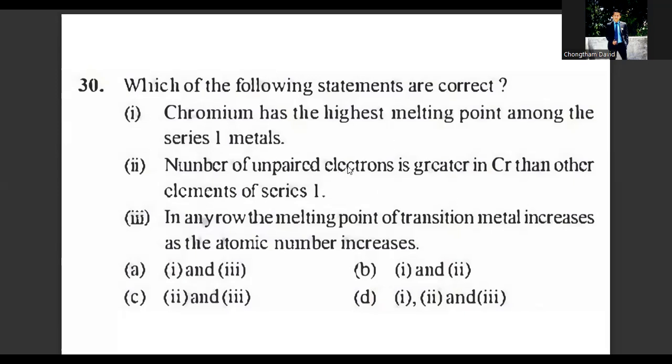In any row, the melting points of transition metals rise to a maximum at d5 except for anomalous values of manganese and technetium, and fall regularly as the atomic number increases. So 1 is correct. 2 is also correct. That means if 1 and 2 are correct, option B is the answer for question number 30.